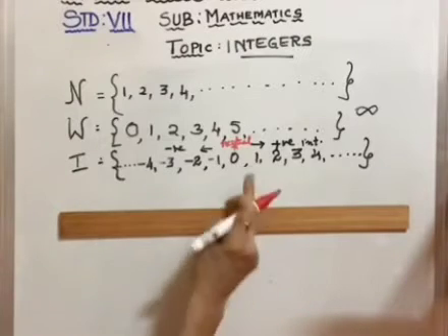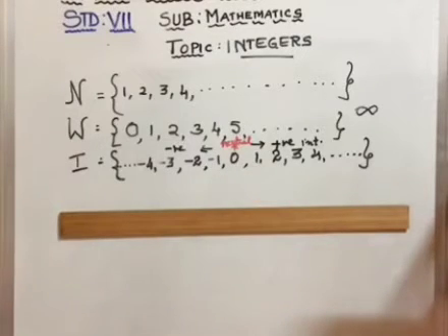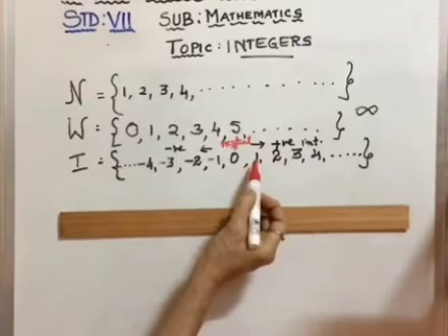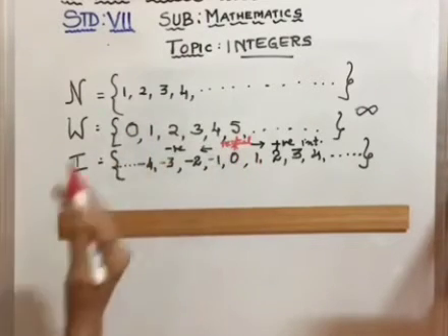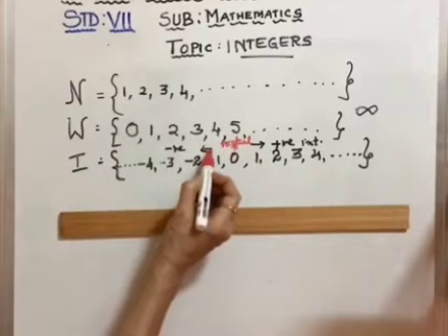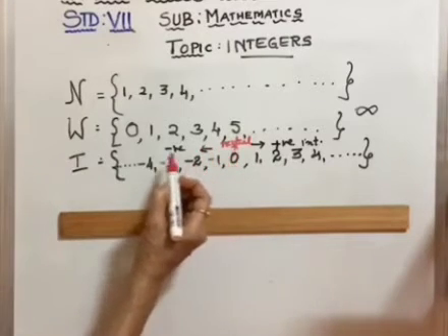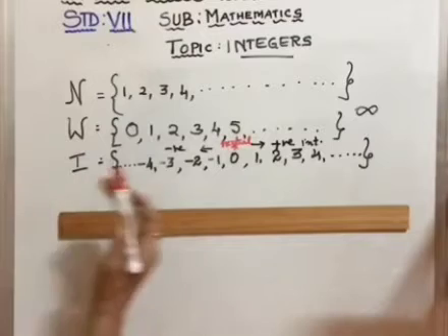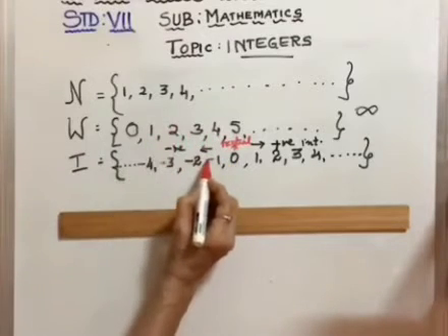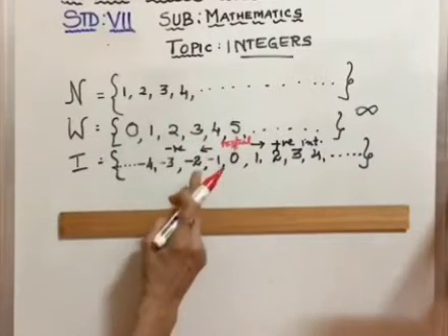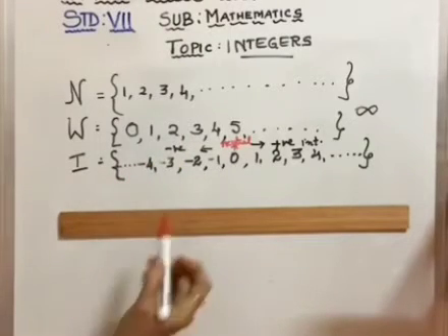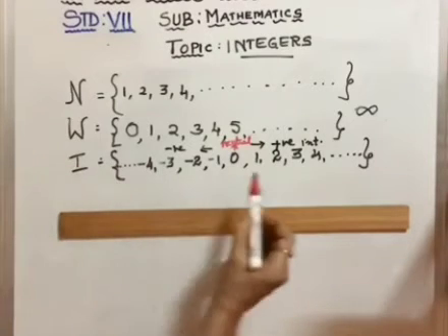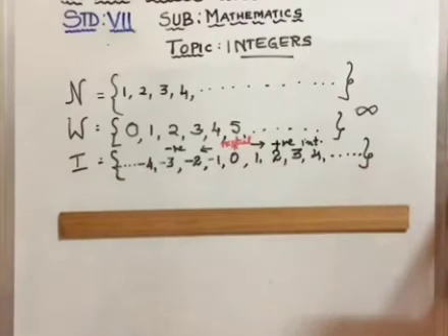That is, 1 or positive 1 is the smallest positive integer. To the left of 0, all the numbers starting from negative 1 are called negative integers. These are all called positive integers.